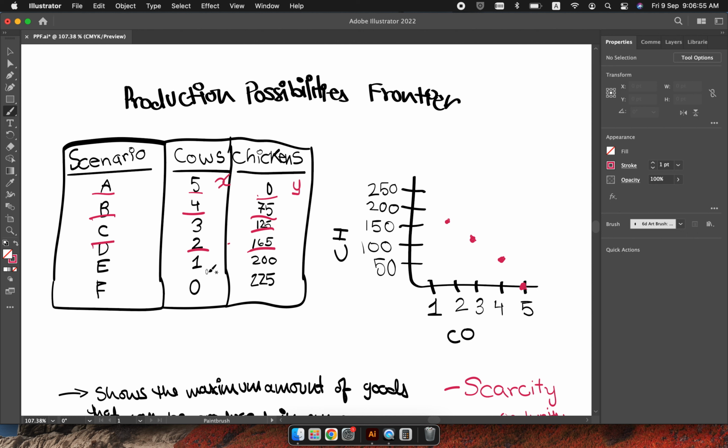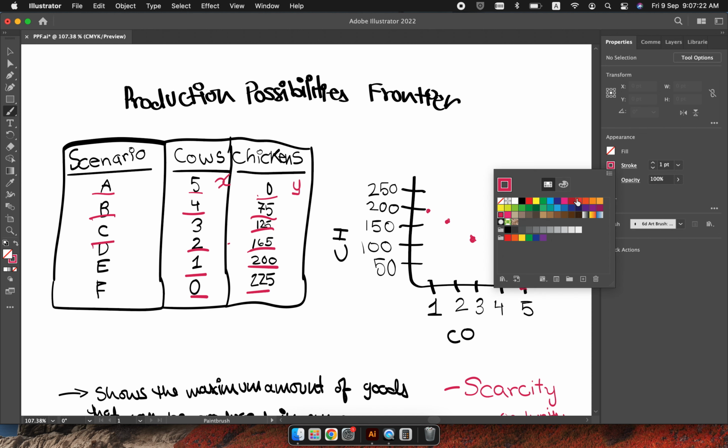And then the farmer sells another cow, and now we have 200 chickens and 1 cow. So 200 chickens and 1 cow. And finally, we have 0 cows and chickens. I think I will make that 215 chickens.